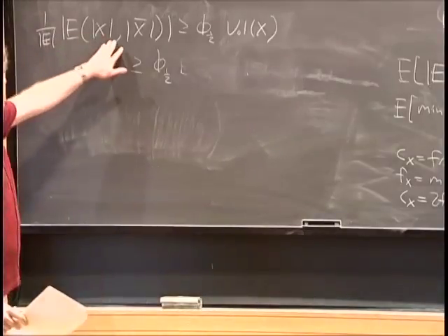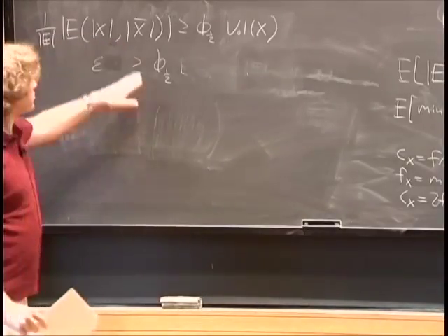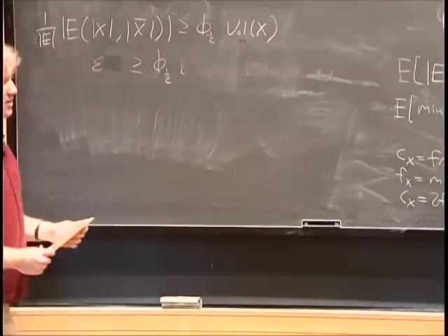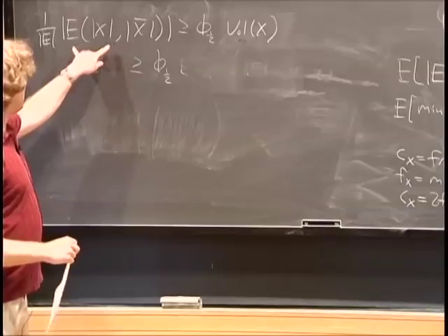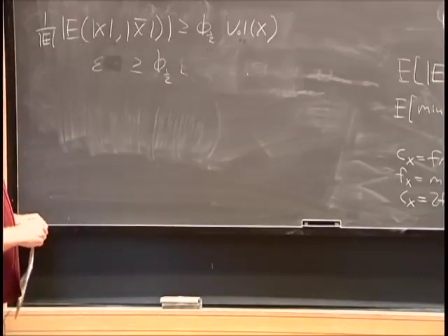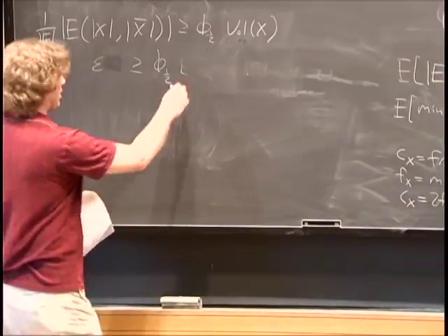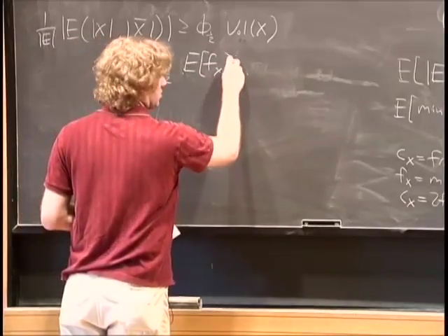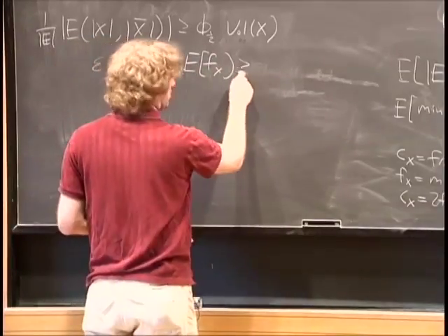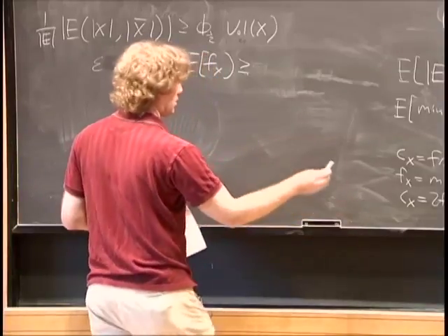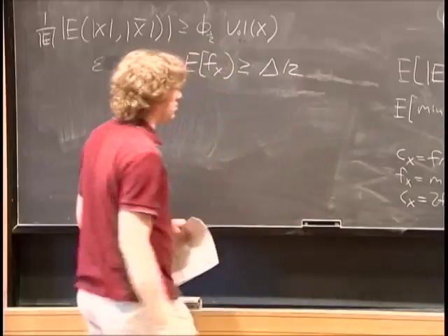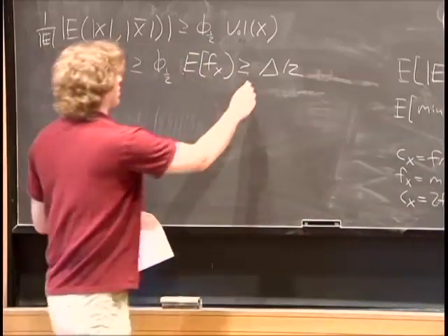The fraction of edges cut is at least phi x times the volume of x. And this is the expectation of what you called f, times phi a half.